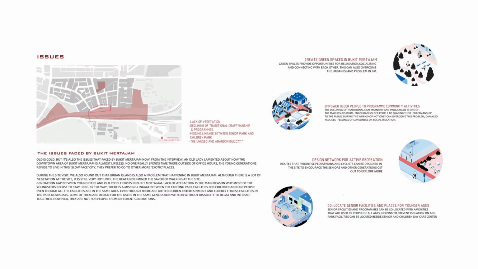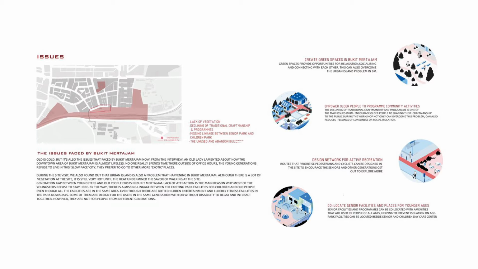So my first concept of project 3 is to create a green space in Bukit Mertajam to provide opportunities for relaxation and connection between each generation. And the second, empower older people to program community activities. For example, we can encourage older people to share their craftsmanship with the public during workshops.